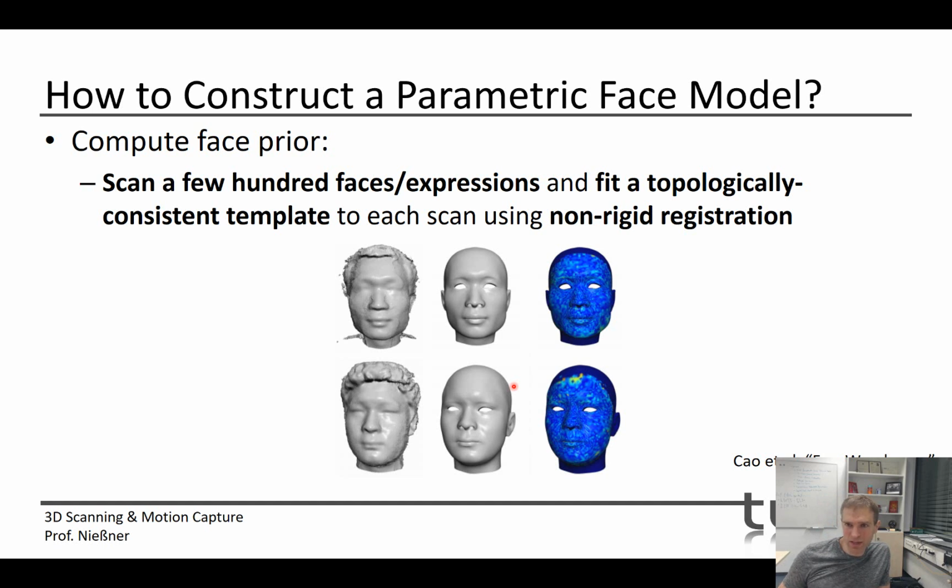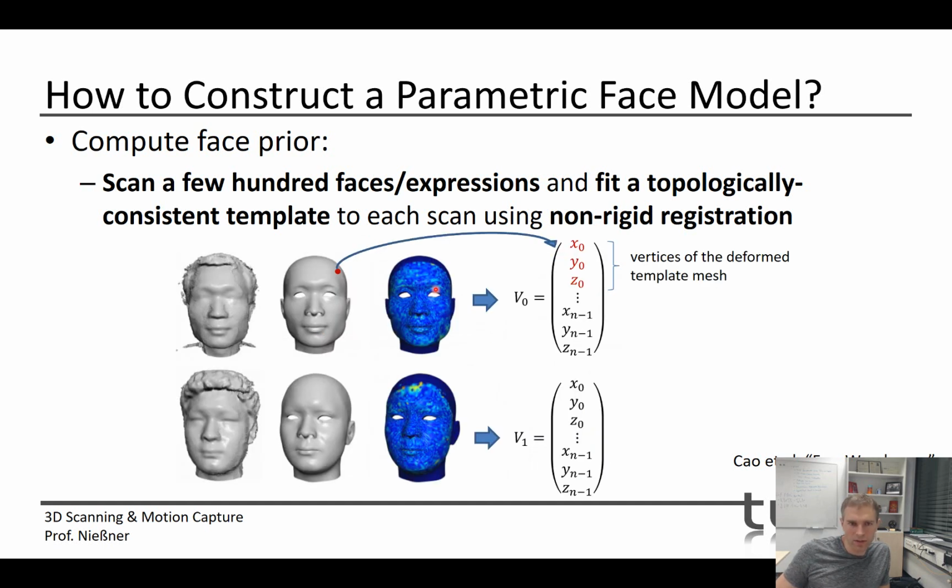As a result, for each scan that we've done, we're getting this alignment of the template. And what we're doing now is taking all the vertices of this template mesh. Let's call this V0, just a vector: vertex 0, then vertex 1, vertex 2, and so on, in this specific pose, written into a single vector.